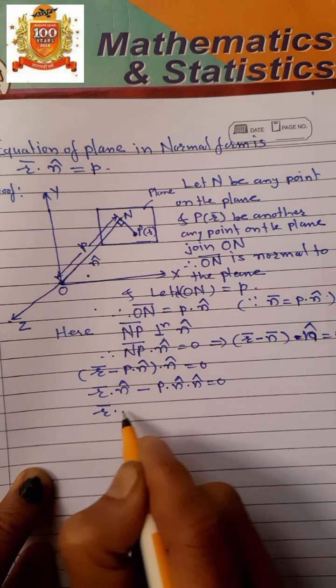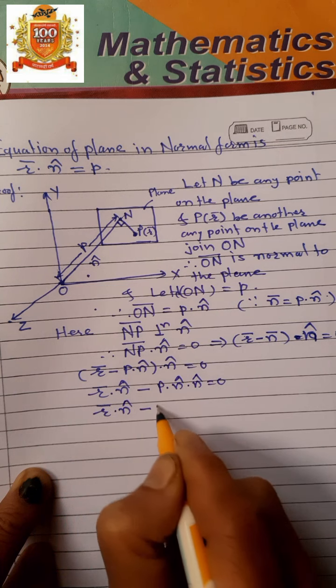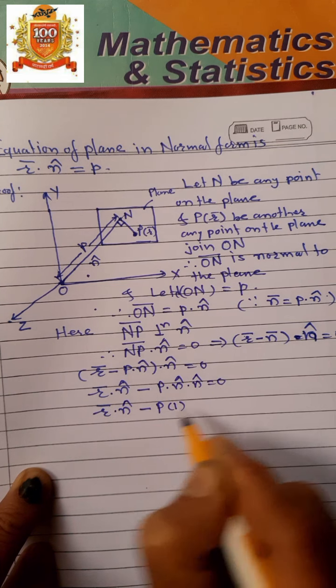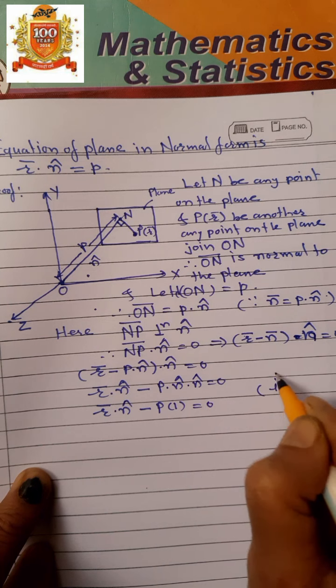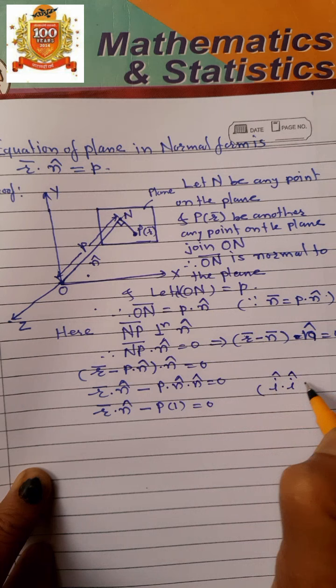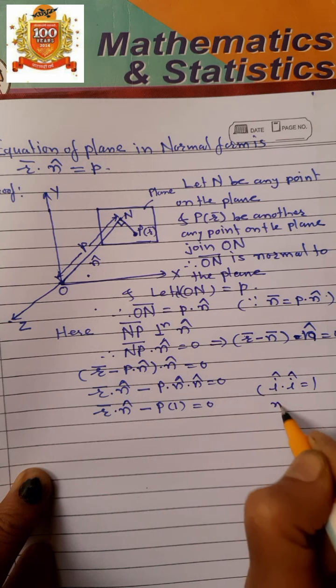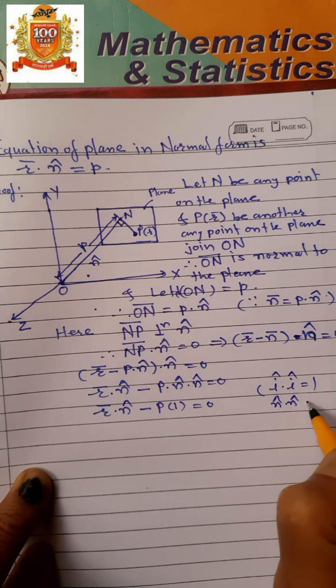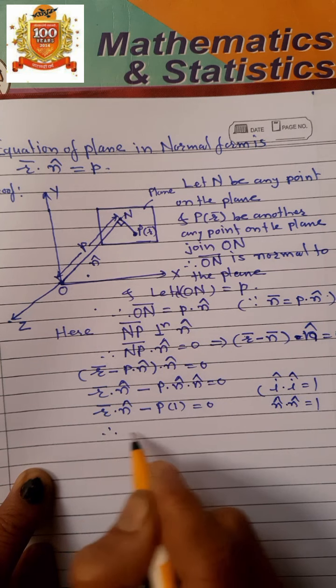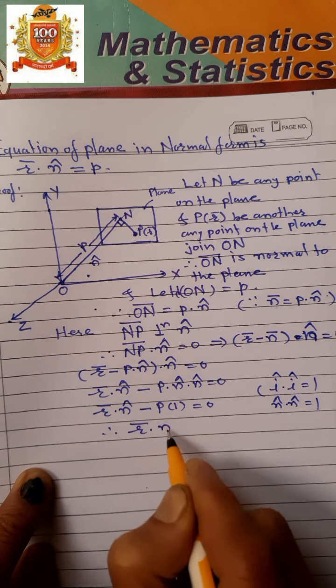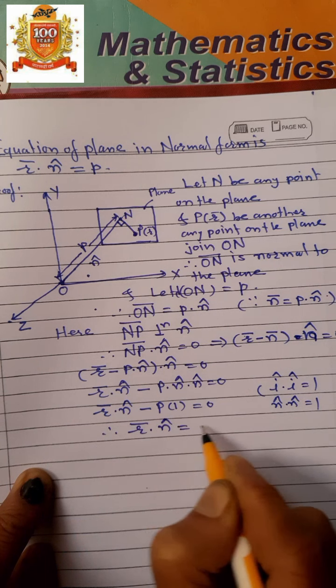That is r bar dot n cap minus p into 1 is equal to 0, since we know i cap dot i cap is equal to 1, similarly n cap dot n cap is equal to 1. Therefore, r bar dot n cap is equal to p.